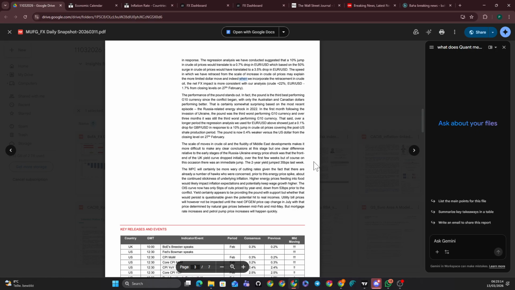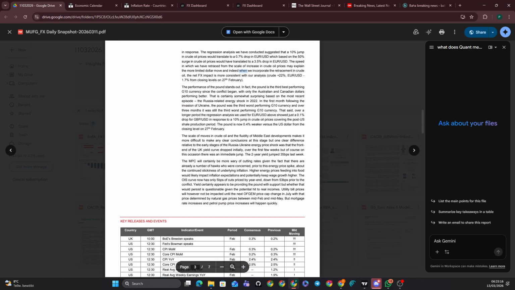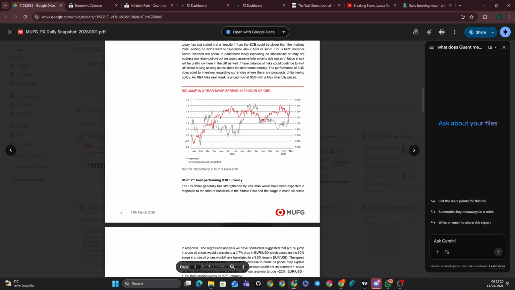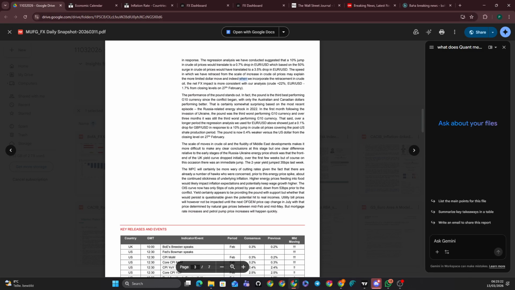Let me grab a report. This is a report from Mitsubishi Finance Group. So here is a very important point. The regression analysis we have conducted suggests that a 10% jump in crude oil prices would translate to a 0.7% drop in EUR/USD. So now this is 50% and it shows a 3.5% drop in EUR/USD.